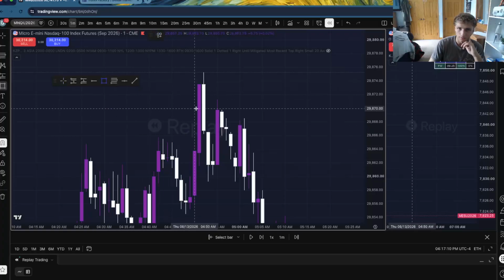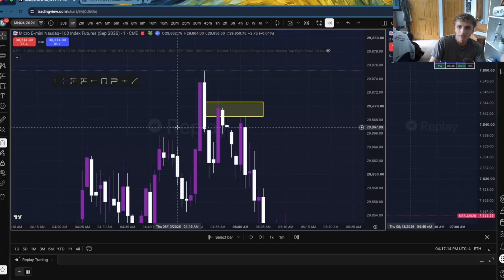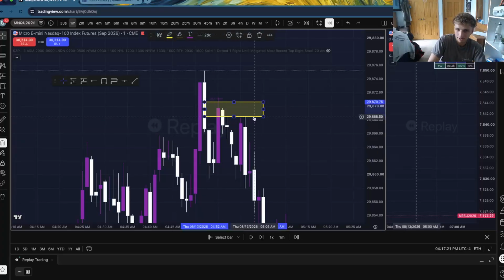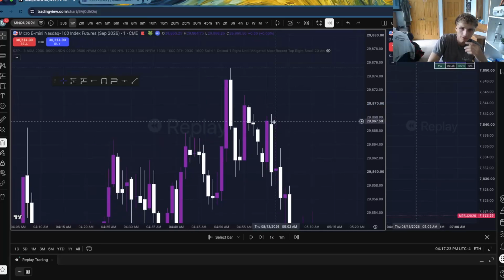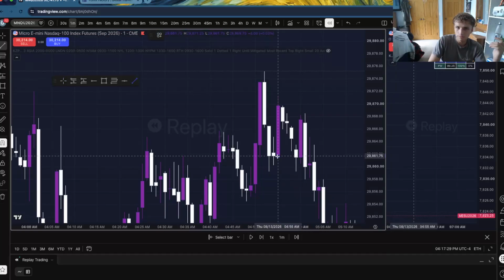Let's say there's a 1 minute gap right here. It also doesn't have to be any gaps. You just use it with your bias, with your gaps, with your OTE, whatever. So say it taps into a gap OTE, and then it closes past this.